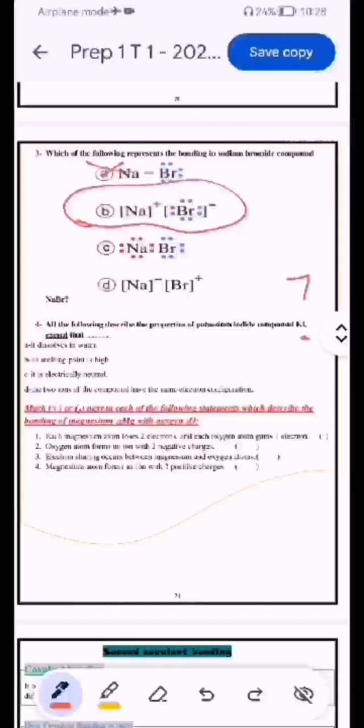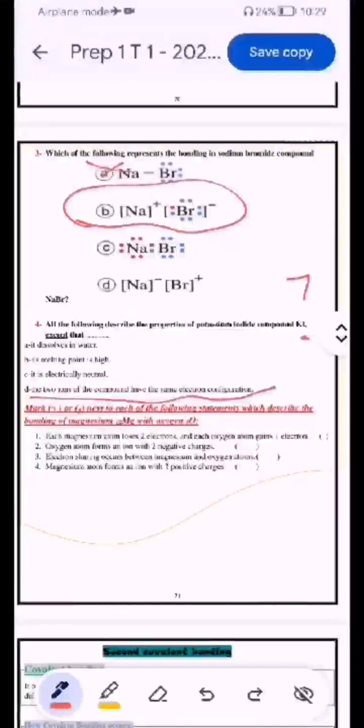All of these are properties of potassium iodide. It's dissolved in water, yes. Its melting point is high, yes. It's electrically neutral, yes, because the number of positive charges equals the negative charges in the ionic compound. Number D, the two ions of the compound have the same electron configuration? No.